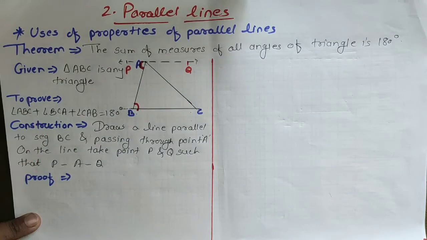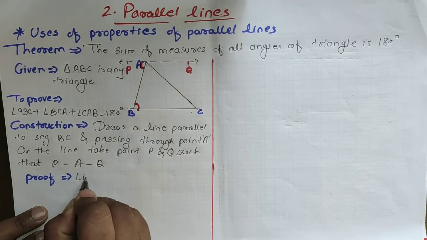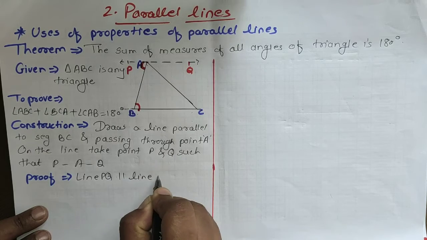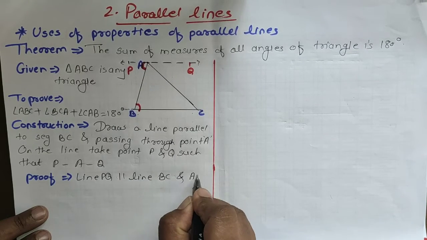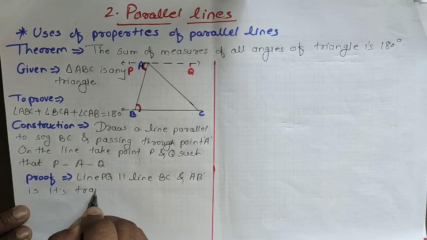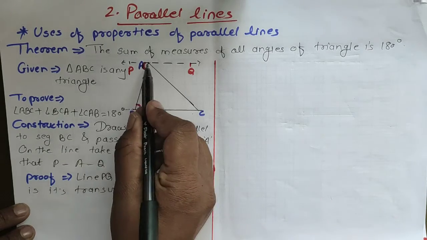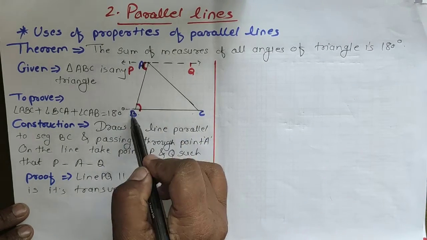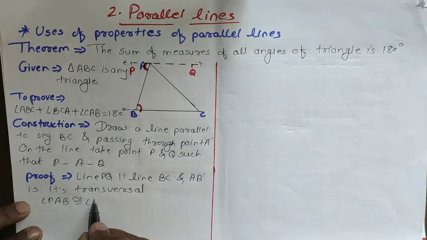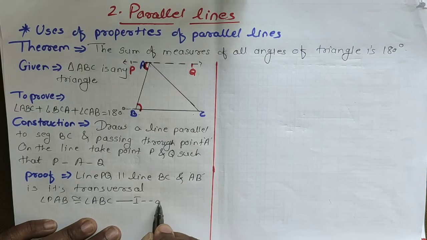So in the proof we will write now. Line PQ is parallel to line BC, and AB is its transversal. Then angle PAB is congruent to angle ABC, and the reason is alternate angles.